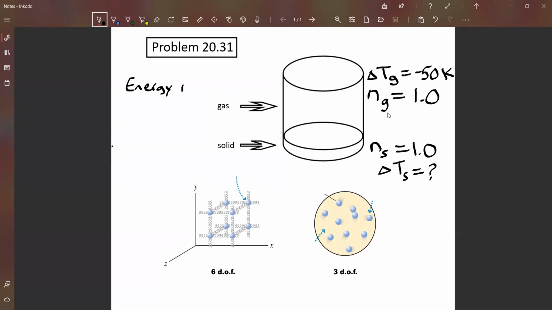Energy per mole, that's of a gas or solid, per degree of freedom, which I'll abbreviate as DOF, per Kelvin, which I'll abbreviate capital K, not lowercase k.